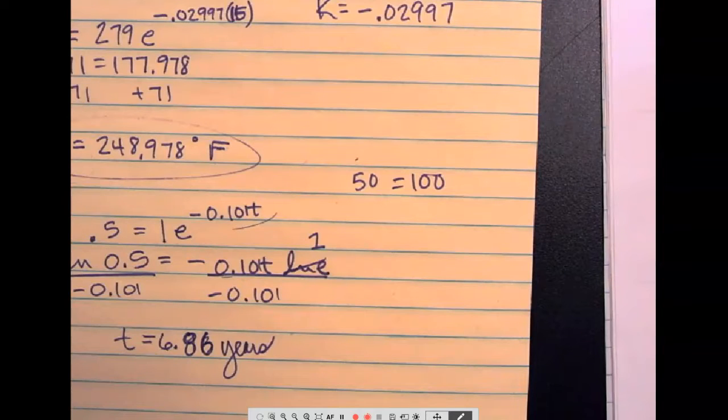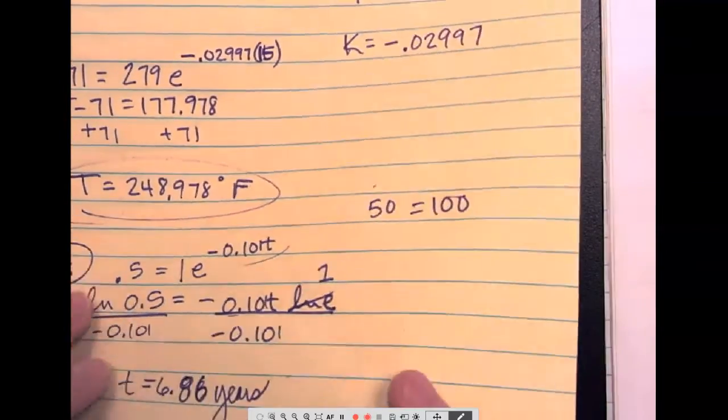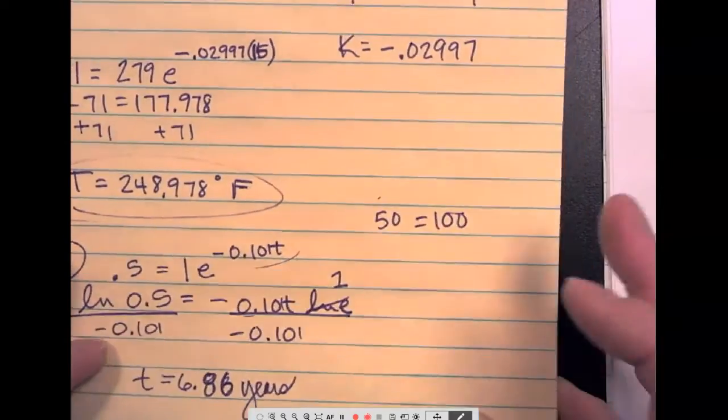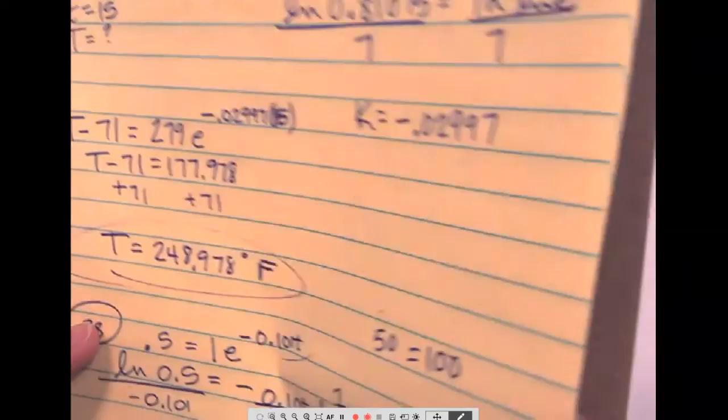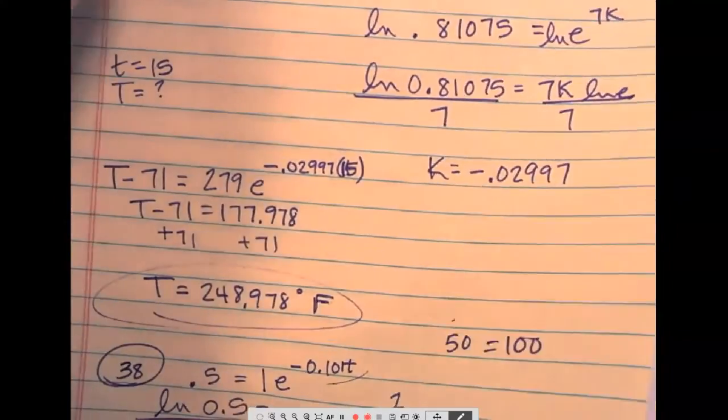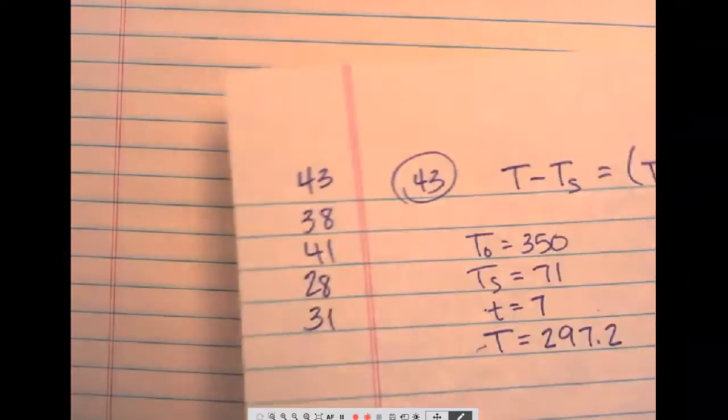I think we did the tree ring problem or something like that, or maybe it was a radioactive problem. It's the same as exponential. It's just you've got that ratio of what you start and what you end with. But how you solve them is no different.